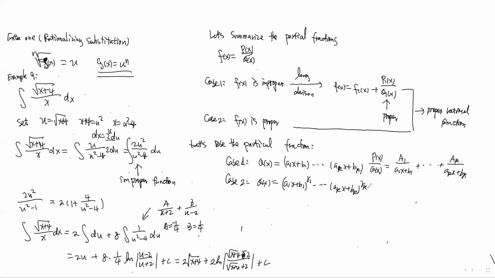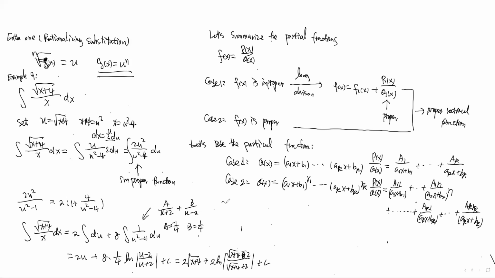For this, it's more complicated. p(x) over q(x) can be written as A11 over a1x plus b1, plus up to A1r1 over (a1x plus b1) to the r1, and continue, up to Ak1 over akx plus bk, and so on, up to Akrk over (akx plus bk) to the rk, right?